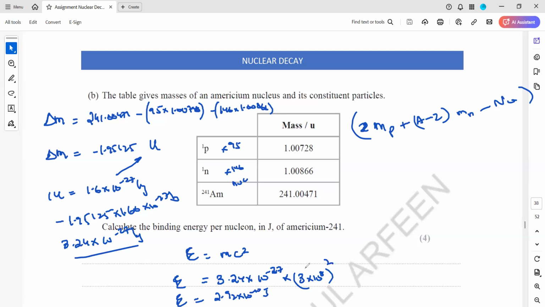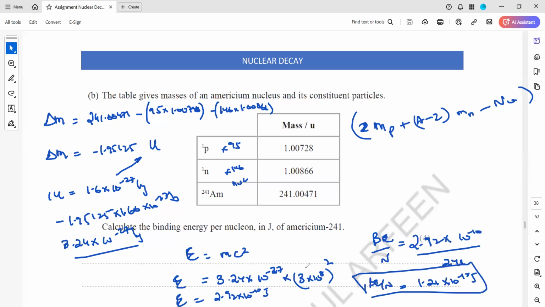Then the binding energy per nucleon: 2.92 × 10^-10 joules divided by 241 nucleons, the sum of neutrons and protons. When we divide, we get 1.21 × 10^-12 joules. That's how much binding energy there is for one nucleon.